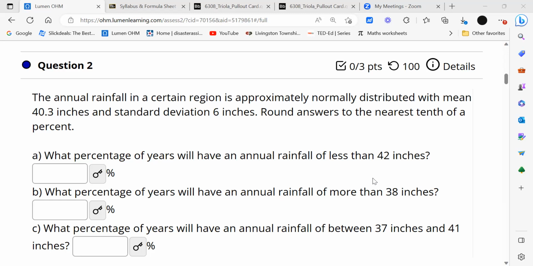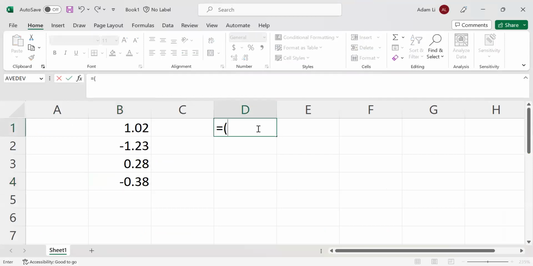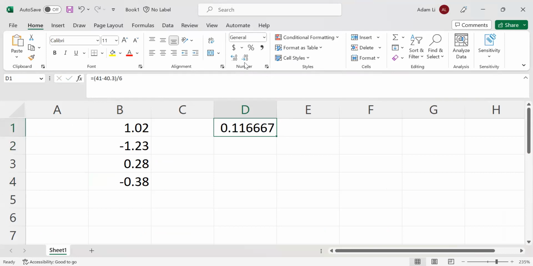Then let's go to the Excel. Get the result. 41 minus 40.3 by 6. So this turned out to be 0.12. So the biggest z-score is 0.12.